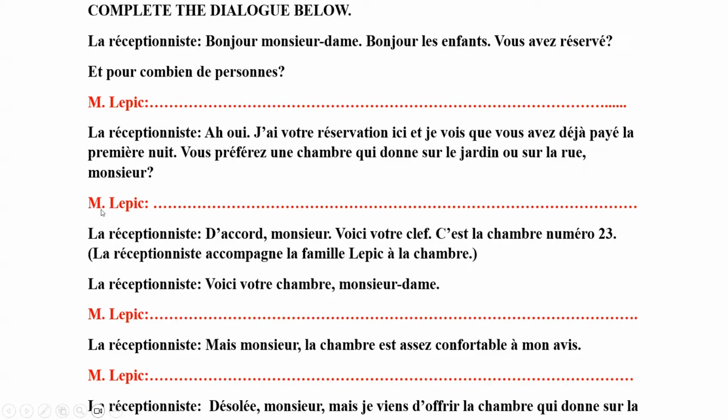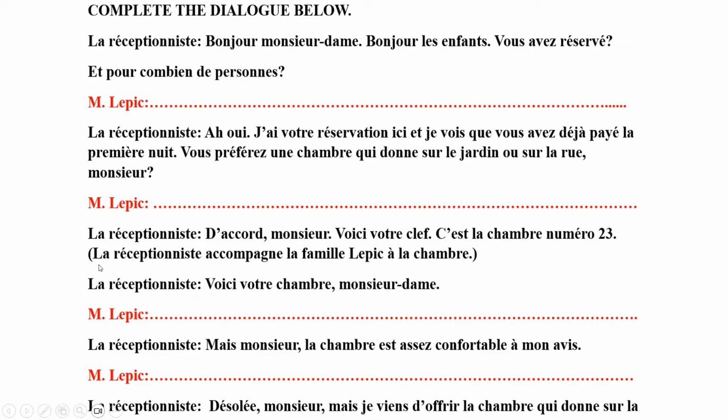And after where we are supposed to give our response, she says, D'accord, monsieur. Voici votre clé. C'est la chambre numéro 23. Okay, sir. Here is your key. It's room number 23.